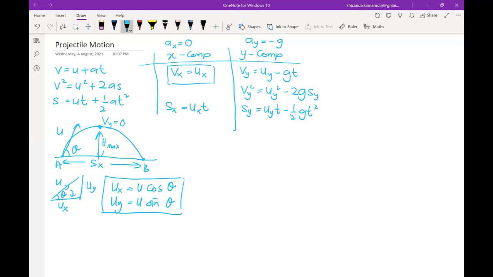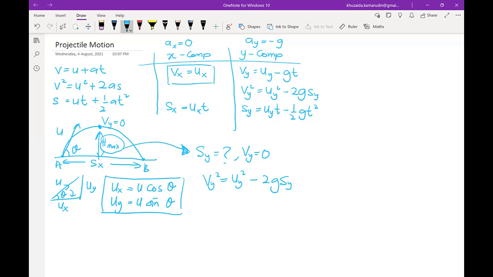Now, some of the questions will ask you to calculate H maximum. So bila dekat H maximum di sini, it means that you want to calculate the SY value, but at the same time, you must use the information Vy equals 0. So equation apa yang ada SY dan juga Vy? Kita tengok balik, the equation that we have is Vy square equals Uy square minus 2GSY.